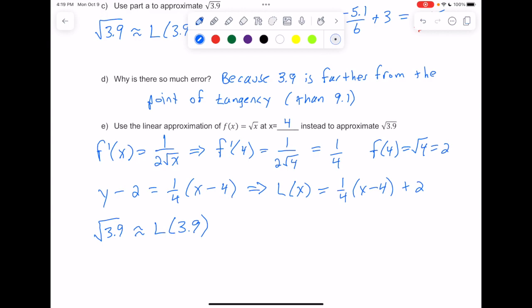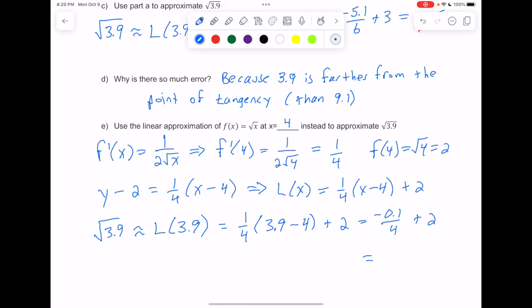So let's see if it works. We get 1/4 times 3.9 minus 4, and then plus 2. And then 3.9 minus 4 is negative 0.1 divided by 4, plus 2.